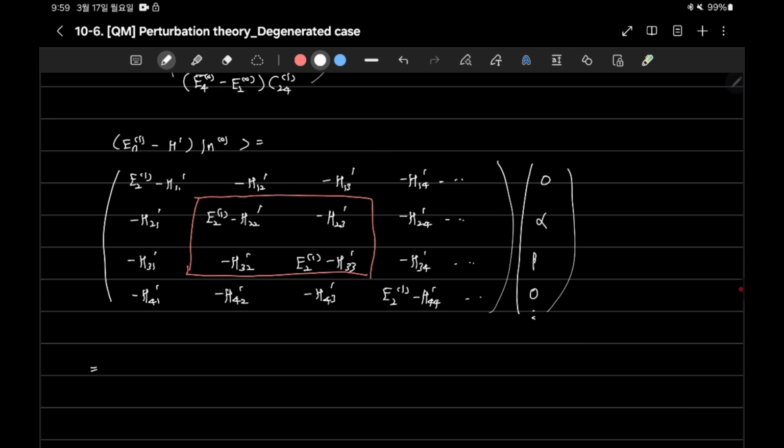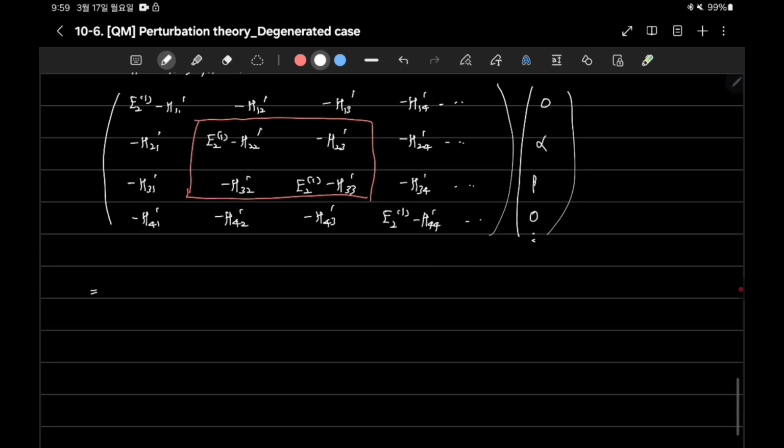Then we can calculate this: 0 minus H12 prime alpha minus H13 prime beta.